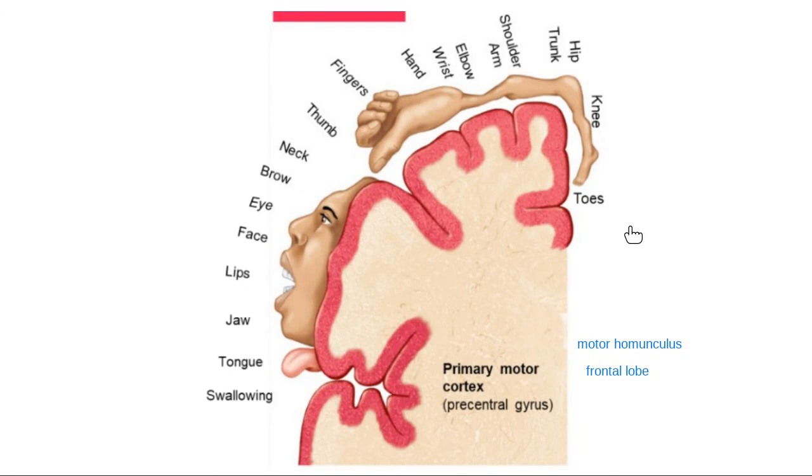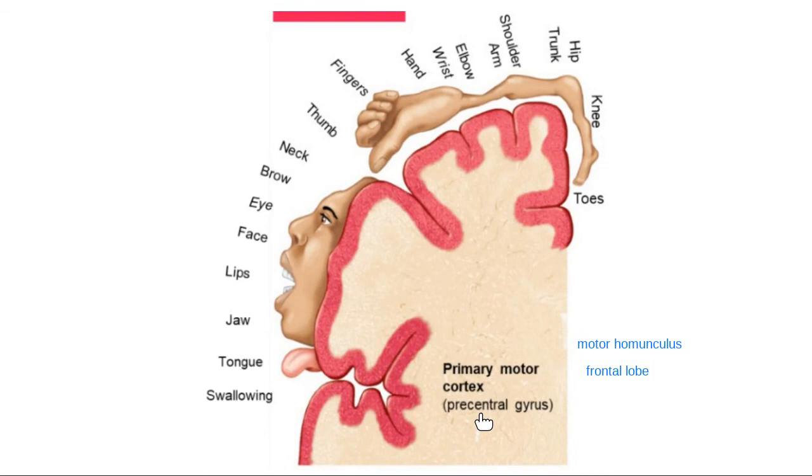Yeah, you do. So with skeletal muscle, you make a conscious decision when movements happen. The precentral gyrus is where you consciously decide, where we do voluntary movements.